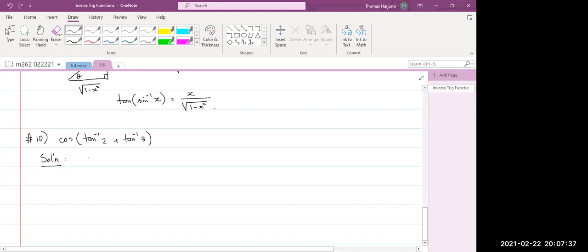Yeah, well, because you see it here, and your calculus 2 teacher may just assume that you have seen that before. But the trick is basically assuming let A be tangent inverse 2 and B be tangent inverse 3. Our goal is to draw these two triangles that give us this value.